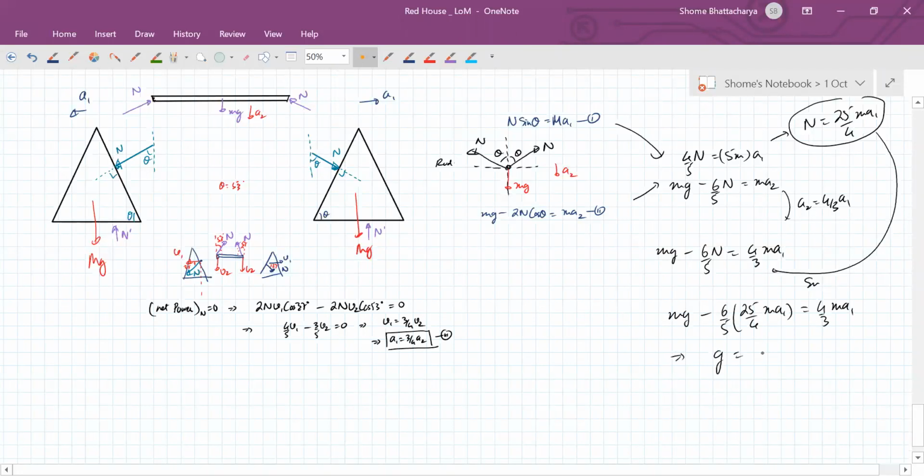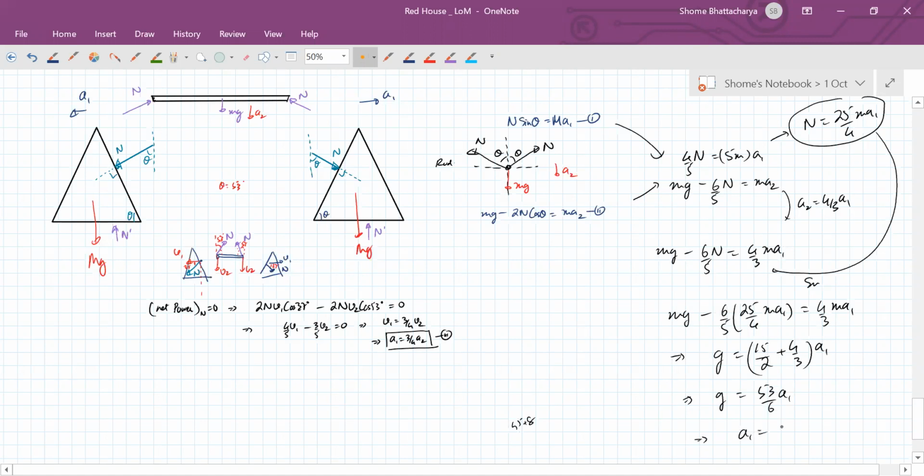So g is equal to 15 by 2 plus 4 by 3 a1. So g is equal to 45 plus 8, so that is 53, by 6 a1.